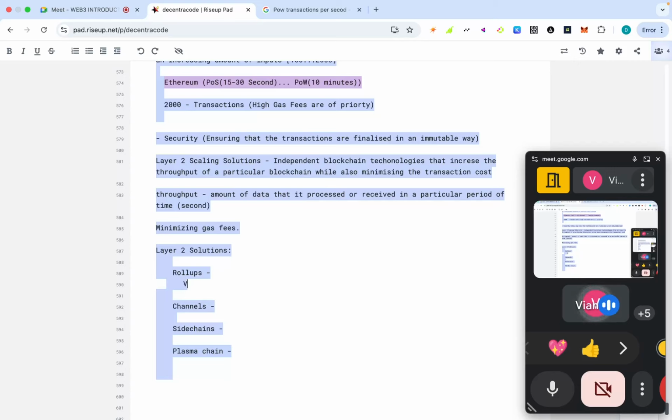There are those that are called validity rollups or ZK SNARKs, and we shall look at this in detail. Actually, we're going to start with those. And those that are called optimistic rollups. Someone give me an example of an optimistic rollup.